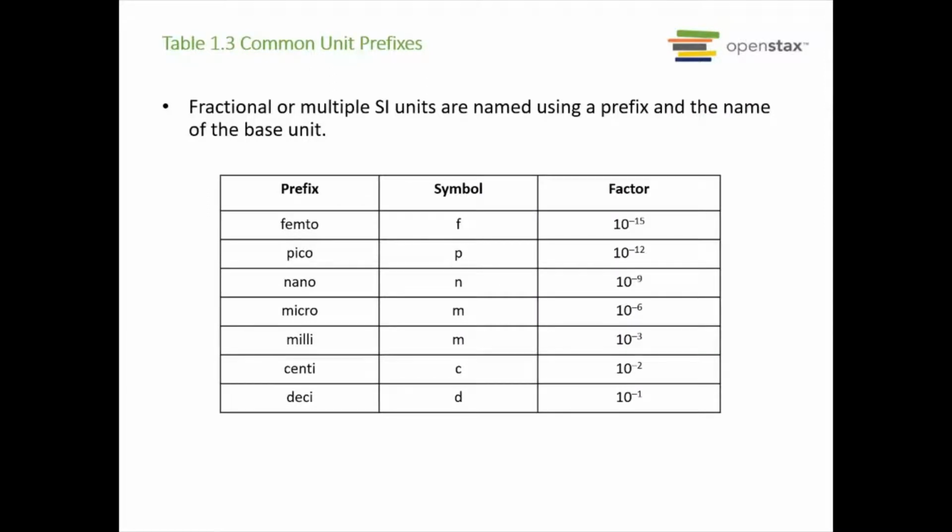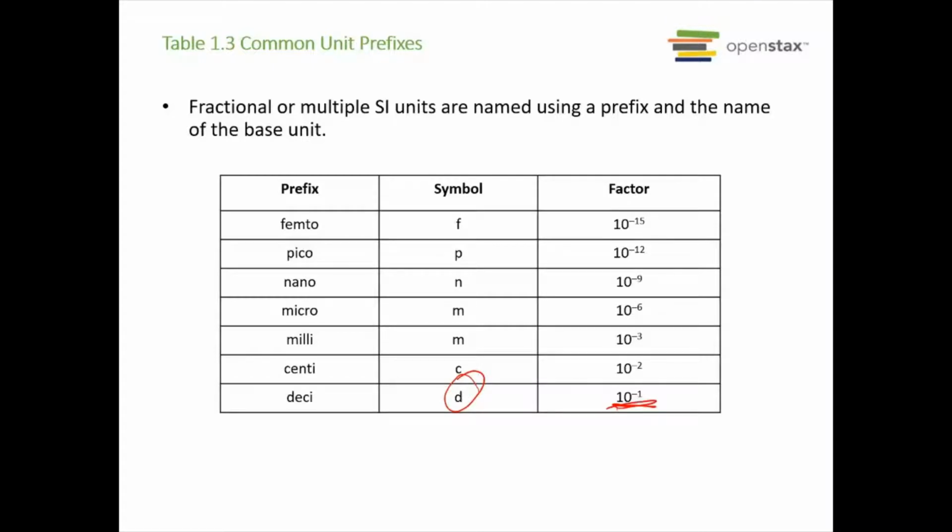So we can put prefixes and symbols in front of some of our base names to change the actual amount in that unit. So, for instance, deci has a D, and it decreases our number by 10 to the negative 1.